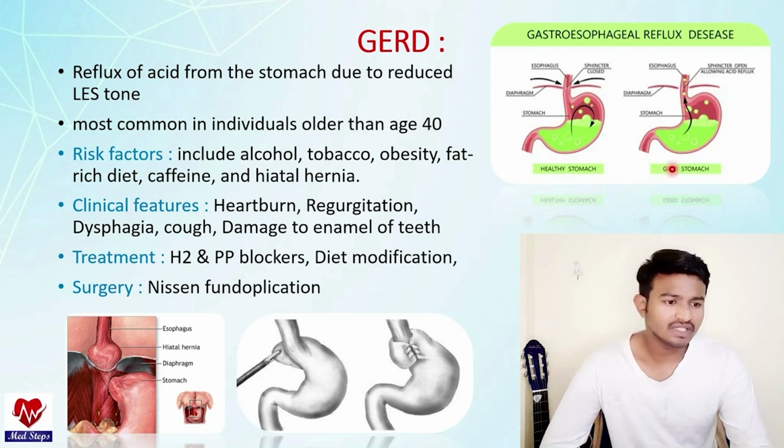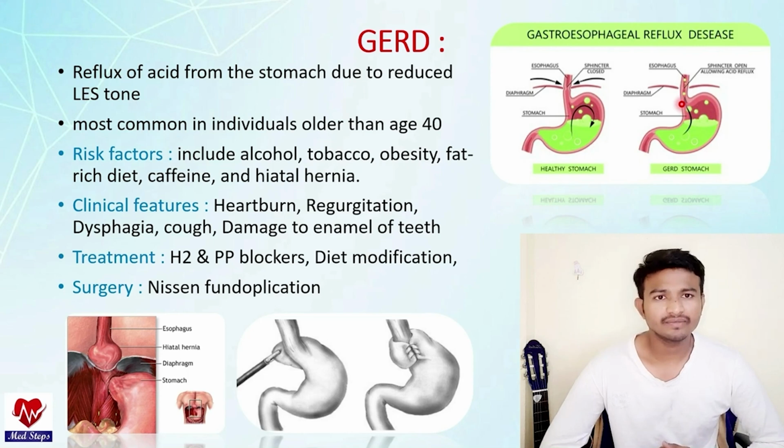If you see this picture, the lower esophageal sphincter relaxes. Because of that, stomach content comes into the distal esophagus. At that time we get acid reflux. So this type of condition we call gastroesophageal reflux disease. Most commonly we see this disease in people older than 40.